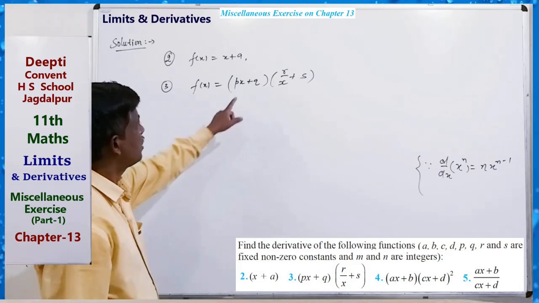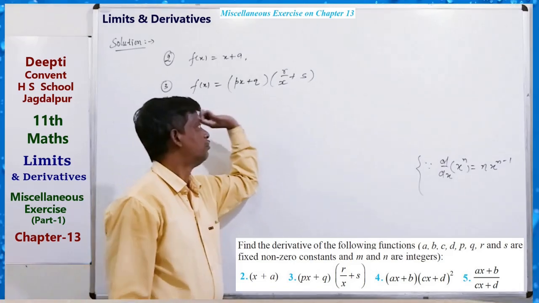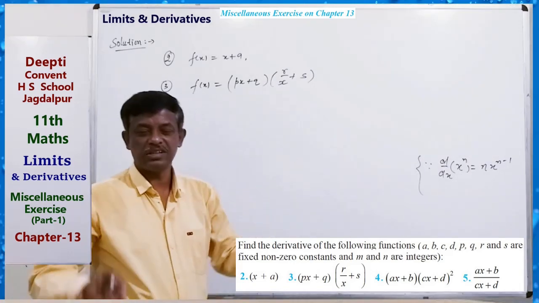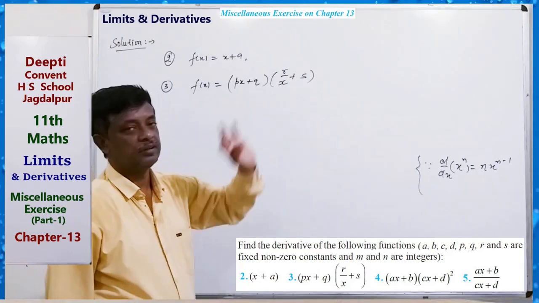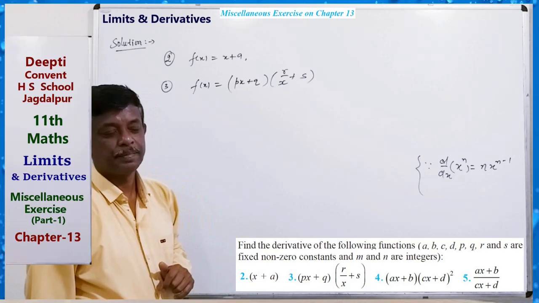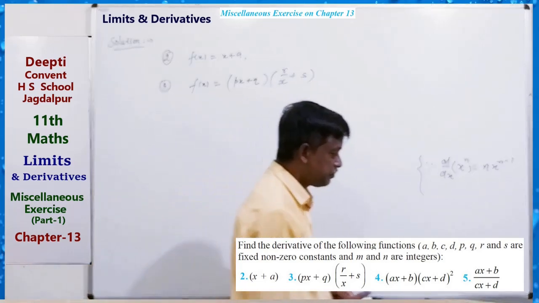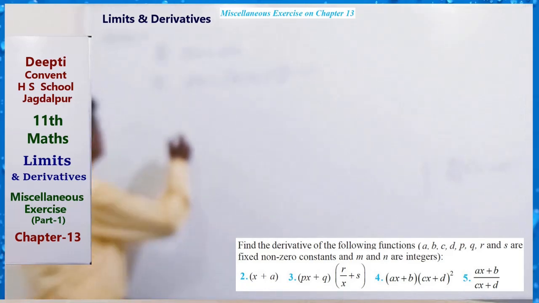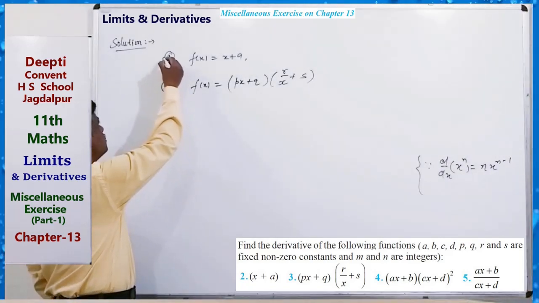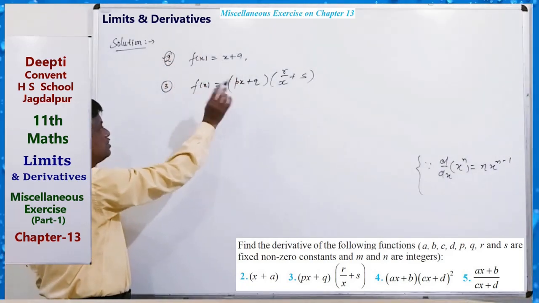So here the product rule can be used, or also by multiplying, getting polynomials, and then you can distribute the derivatives. Okay. So the fourth question, you can do its derivative like this. This is simple.